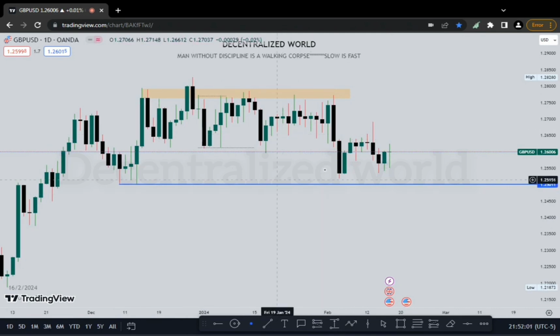And you know that the market has displaced that place. So now this will serve as our liquidity. This area here will now serve as our liquidity.